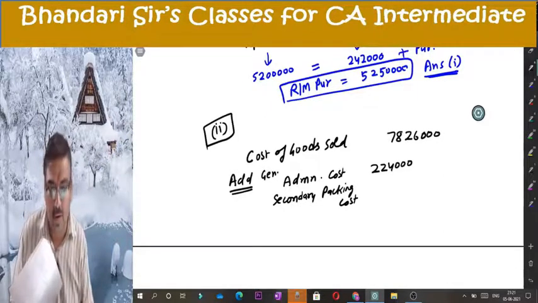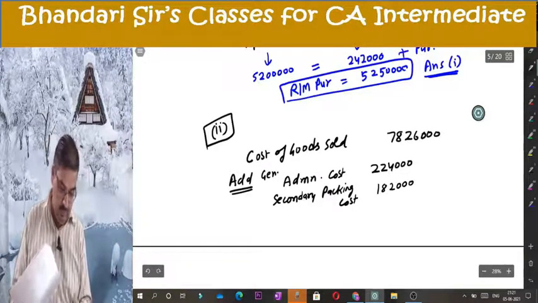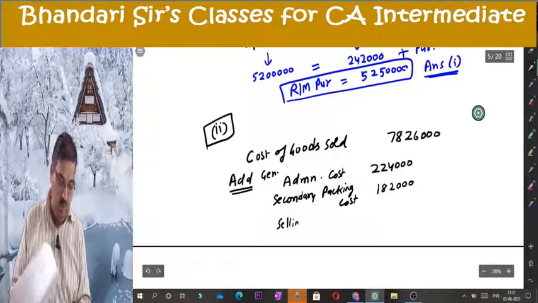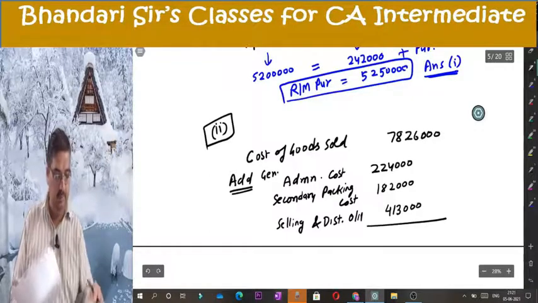It is given, I think, 1,82,000. And also, third thing to add here is selling and distribution overheads, 4,13,000.